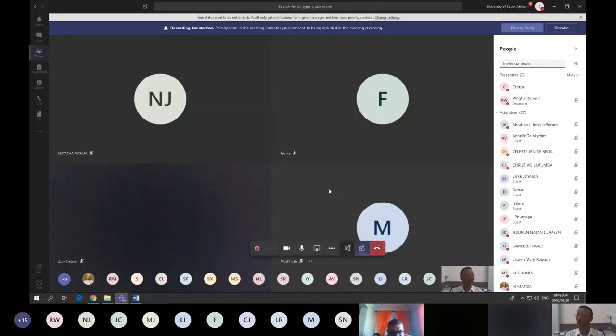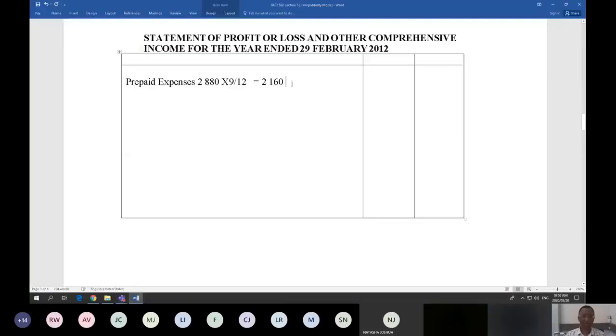So if you work out 12% on the 80,000 Rand, you will see that the interest on fixed deposit that you are supposed to receive is 9,600 Rand. That is the interest that you are supposed to receive. Now go to your trial balance. And in your trial balance, you will see that you have actually received already an amount of 8,800.